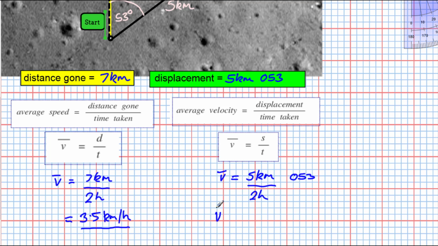So our average velocity is going to be 5 kilometres divided by 2, which is 2.5 kilometres per hour. And because it's a vector, you have to include that direction to give it the full meaning. You can put the degrees in if you want. So that's how we calculate the average speed, and that's how we calculate the average velocity. Both different.